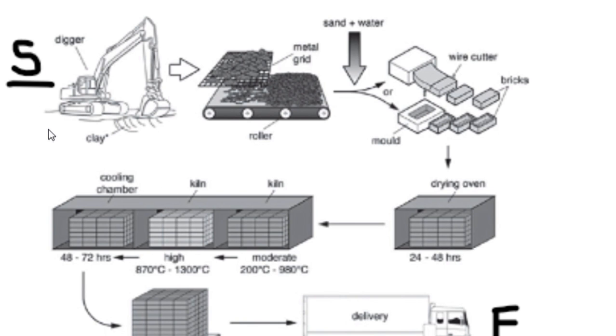And here we're not given data in the form of numbers, we're given data in the form of pictures. So we have a digger, which is digging clay. So here we have, let's call it a raw material. Our raw material is processed in figure 2. And here in figure 3, we have something interesting.